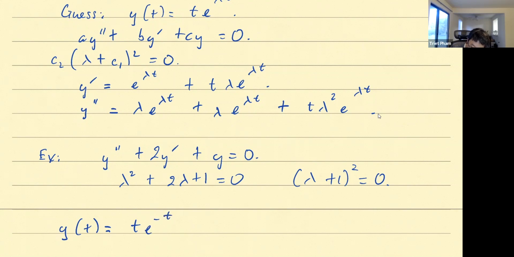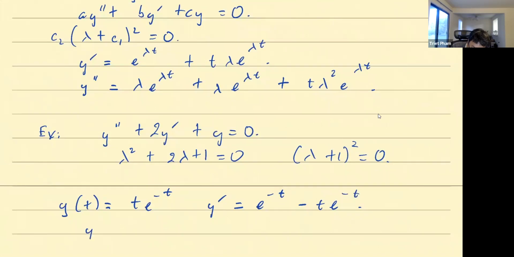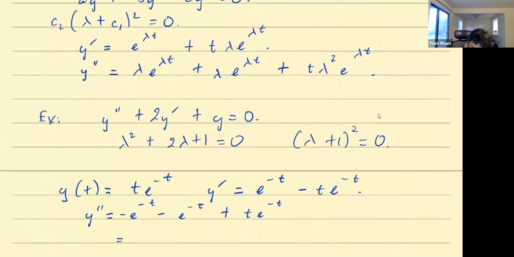Then y prime is going to be e to the minus t minus t e to the minus t. Y double prime is going to be minus e to the minus t minus e to the minus t plus t e to the minus t, which is minus 2 e to the minus t plus t e to the minus t.